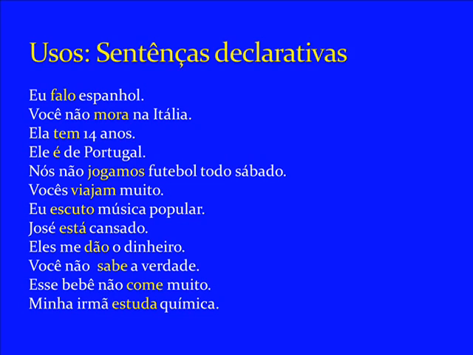Eu falo espanhol. And I'm going to put the translations up in just a second. So I'm just stating I speak Spanish. Você não mora na Itália. You don't live in Italy. Ela tem 14 anos. Ele é de Portugal.